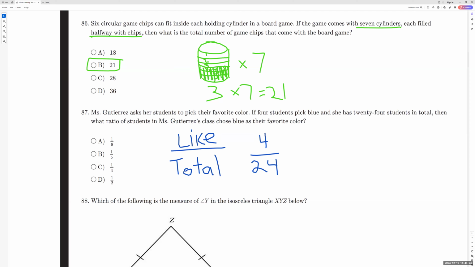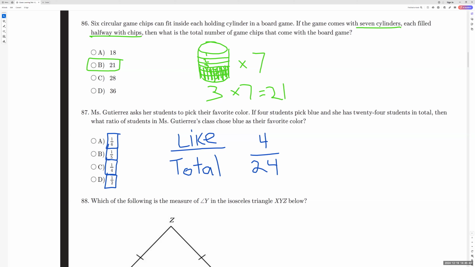All right, so 4 over 24 has to be the same as one of these fractions: 1 over 5, 1 over 6, 1 over 4, or 1 over 2. Okay, so this needs to be simplified all the way until the numerator at the top is 1.